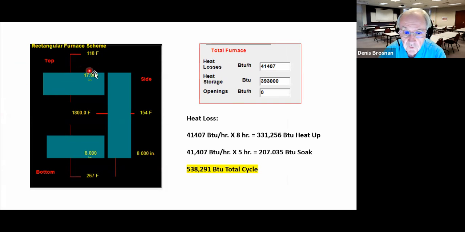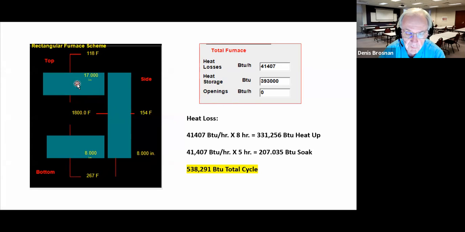We had less insulation on the sidewalls, just 8 inches, and we got up to 154 degrees Fahrenheit. We'd want to check and make sure that that's not above a flesh scalding temperature, human scalding temperature, in case somebody could touch it.